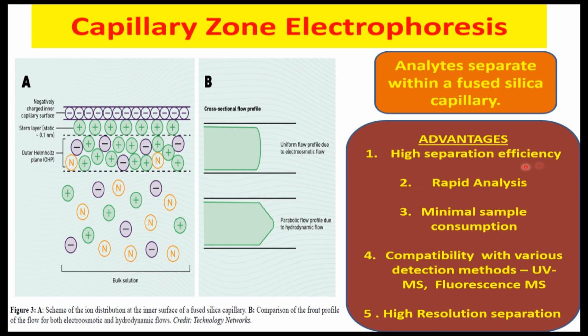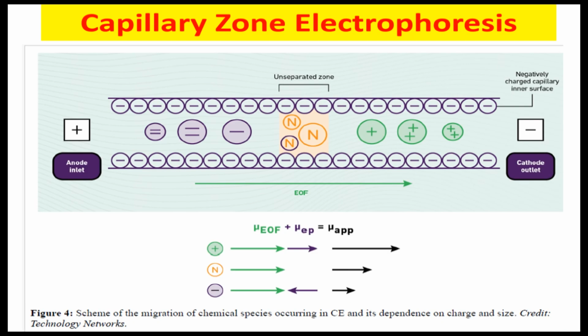Now let's talk more about it. See, capillary zone electrophoresis, as I said, uses fused gel. So you can see the fused gel is running already through this, and through this fused gel we have the anode inlet and the cathode outlet within the machinery.